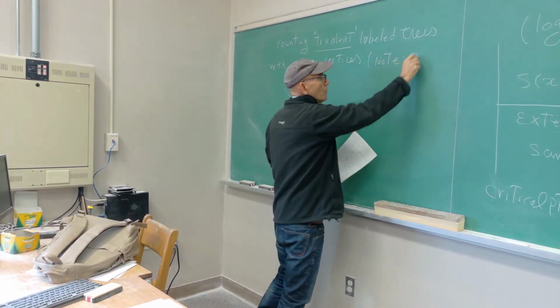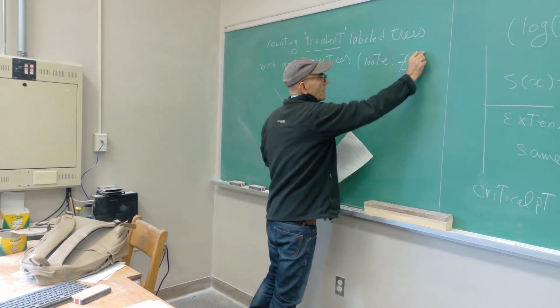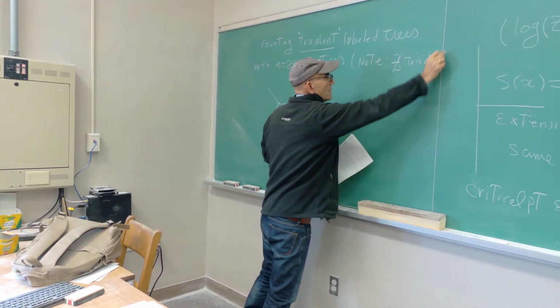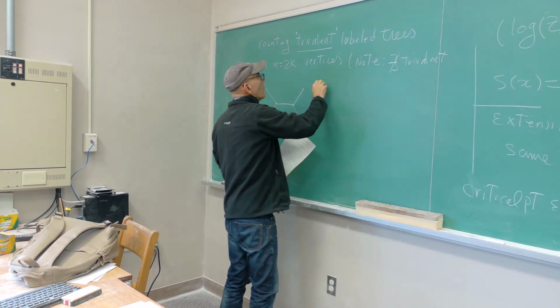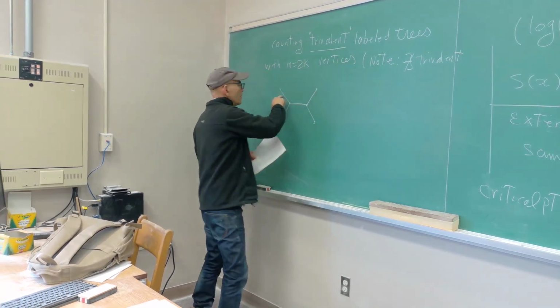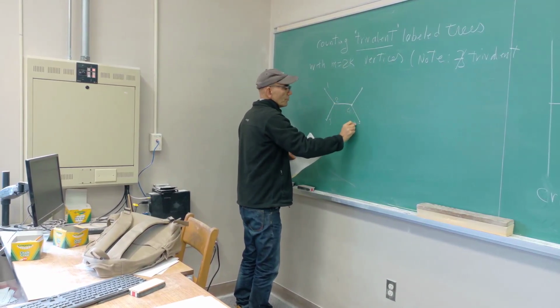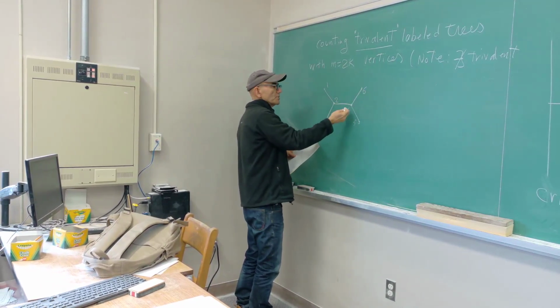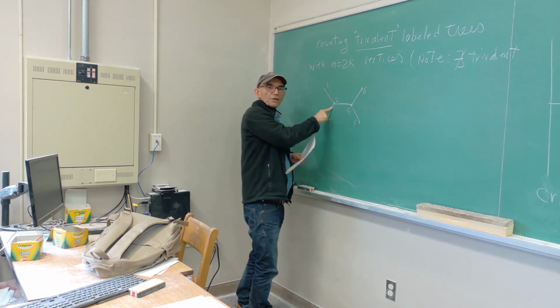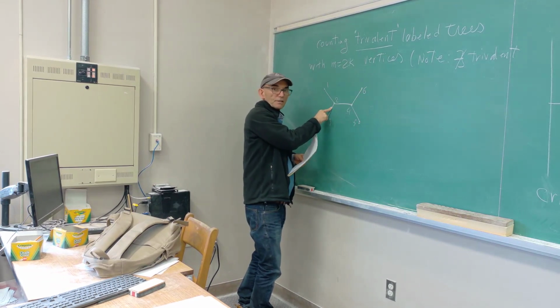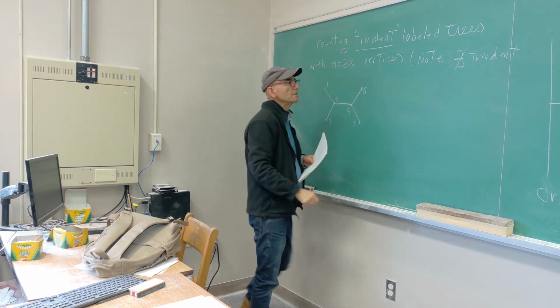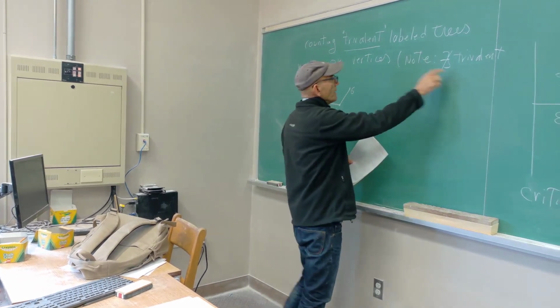By the way, something we have to note is that there exists no trivalent tree with an odd number of vertices. Of course, we have to label them again. Okay, so 1, 2, 3, 4, 5, 6. And you can imagine that if I bring this 6 here, you're going to get another labeled trivalent tree, and so on. So there are many.